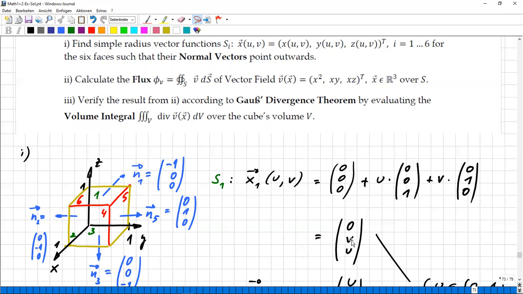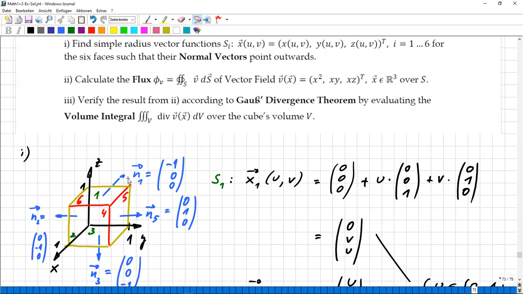Well, look at n1, the normal vector of face number 1. It must point to the back side, as we found out, away from you, perspectively. Why? Because all these normal vectors should point outward of our body, our cube. That's the definition of normal vectors, so that the flux is calculated correctly.